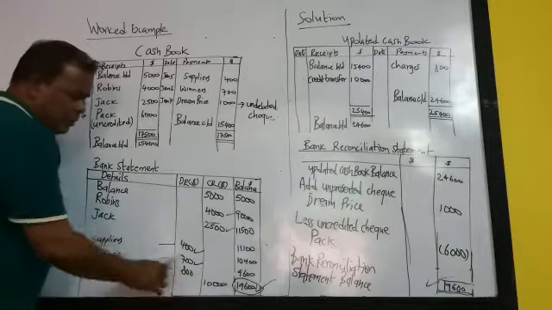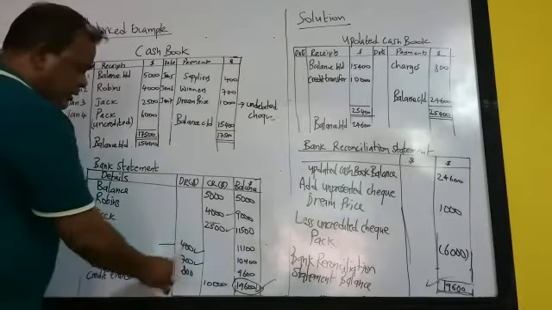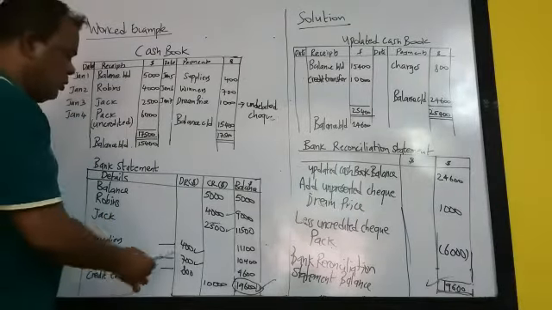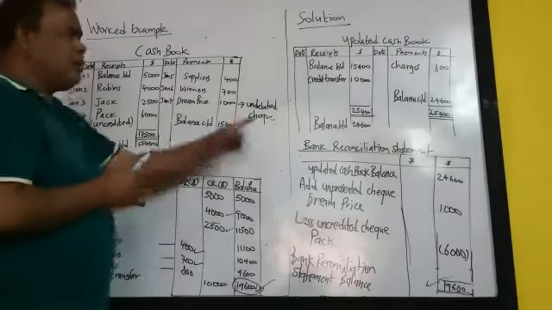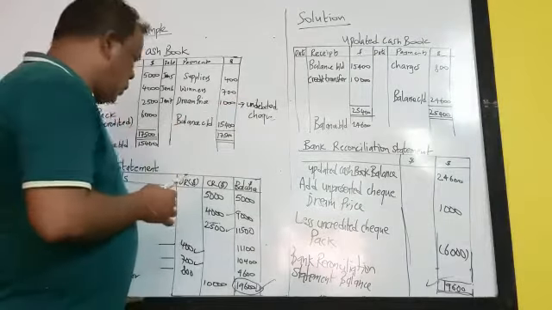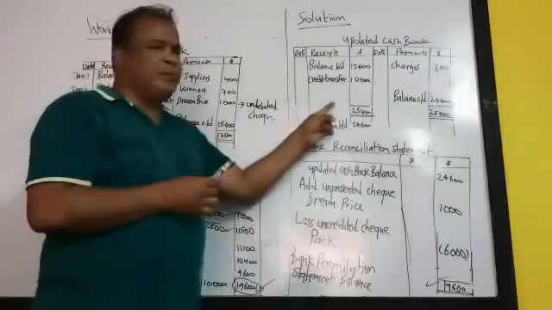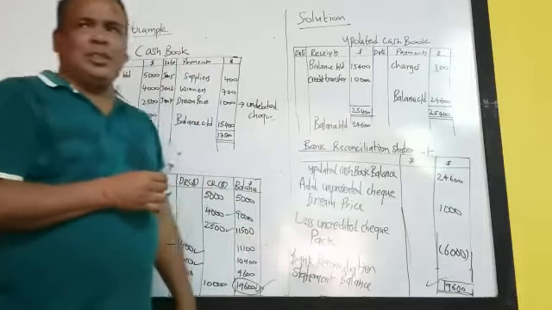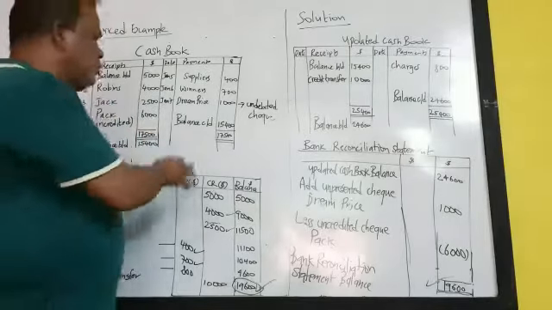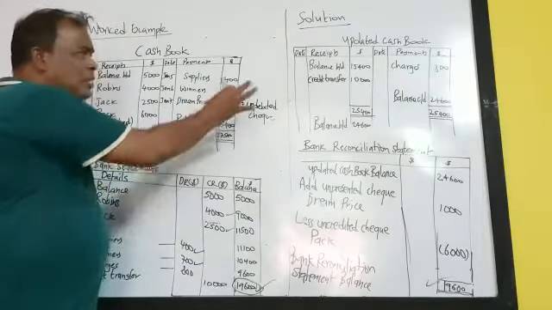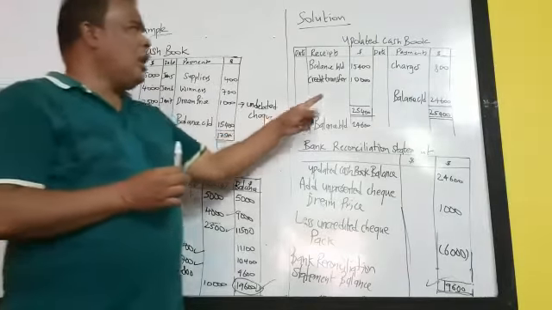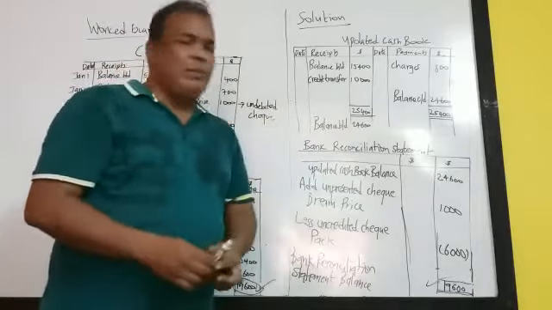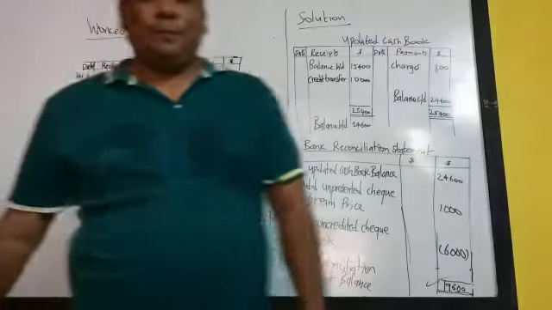So items which have not yet been recorded in the cash book, you prepare an updated cash book. We have to record these missing items in the updated cash book, then we balance the cash book, then we prepare the bank reconciliation statement. So in the exam, you will be given your question, and then you just have to prepare your updated cash book and bank reconciliation statement.